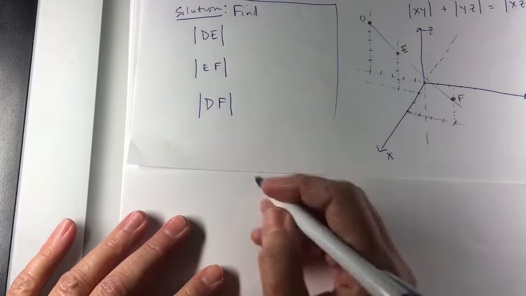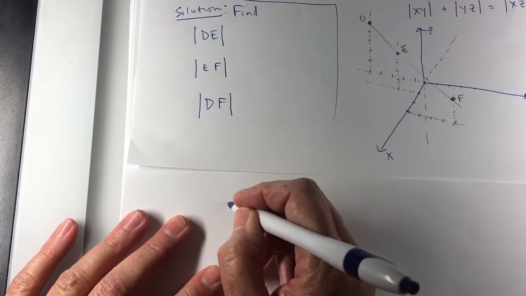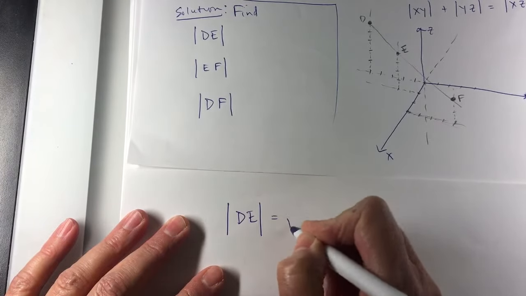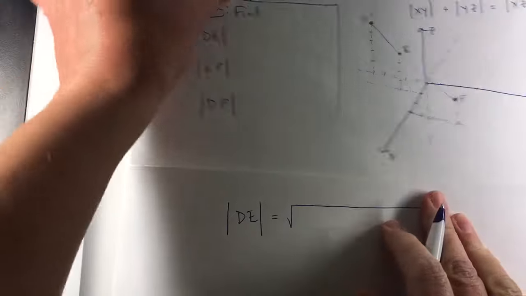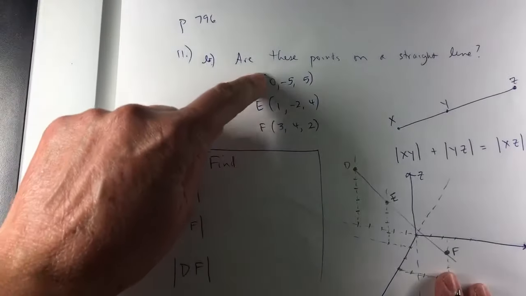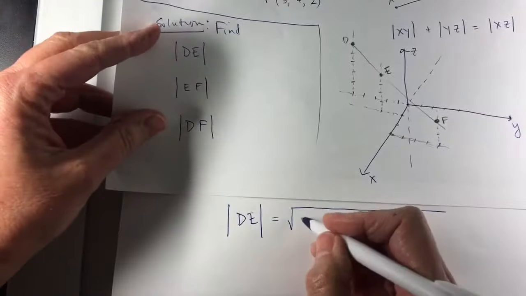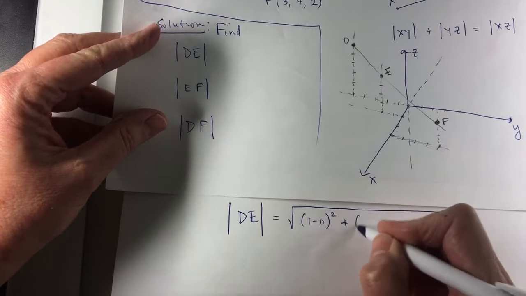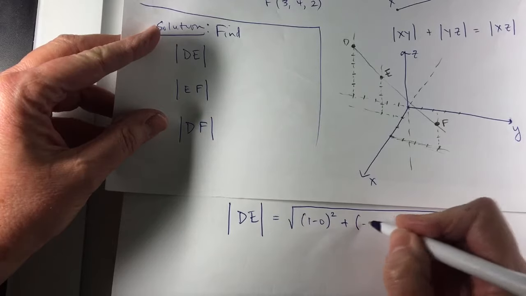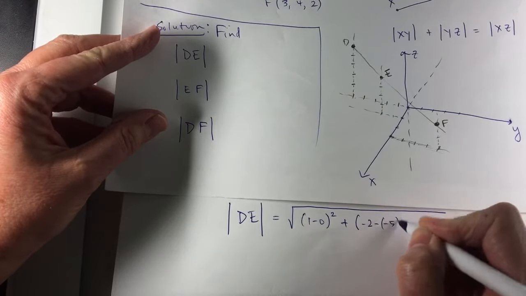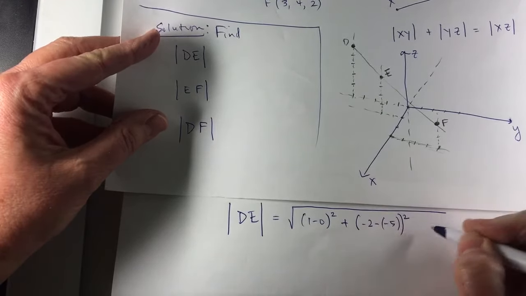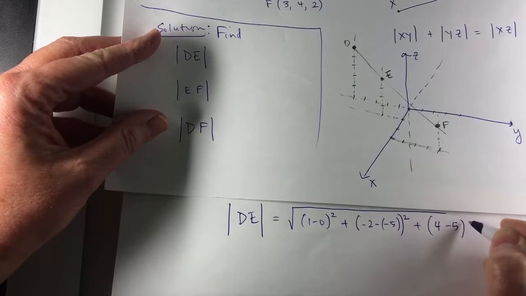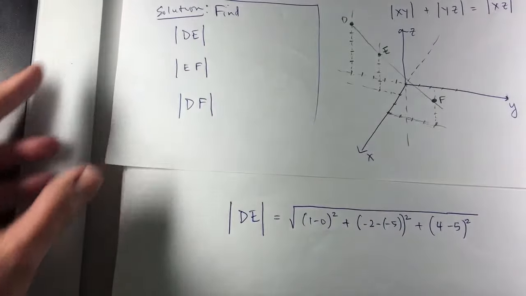The distance formula in 3 space, if I do D to E, is the square root. We'll subtract the x values, 1 minus 0, that quantity squared, plus subtract the y values, -2 minus -5, that quantity squared, plus then 4 minus 5, that quantity squared.